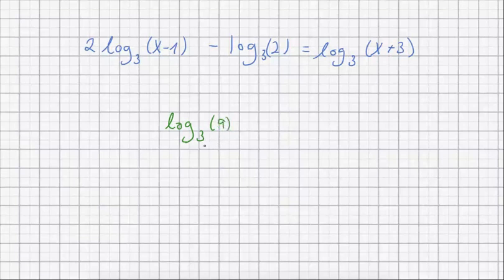What is the power that I need to apply on 3 in order to get to 9? Or in other terms, 3 by the power of what will be 9? 3 by the power of 2. Yeah, so log with the base 3 of 9 is 2. All right? Okay.